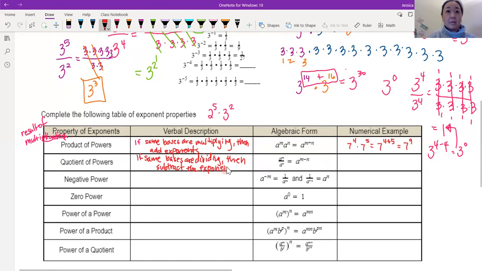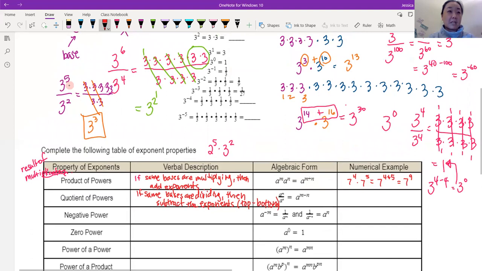It's always top minus bottom, we don't go bottom minus top. Notice it's m minus n, not the other way around. If you look at our little expansion here, that makes more sense than going n minus m, because that's not where the 3's are left.